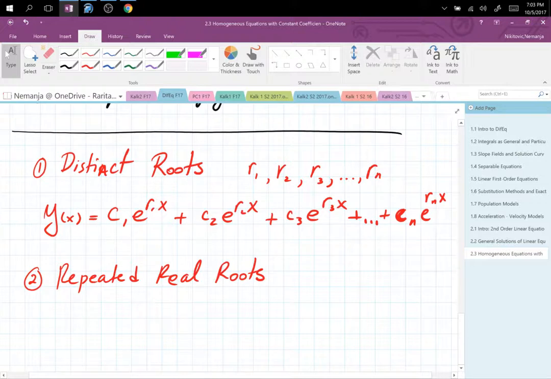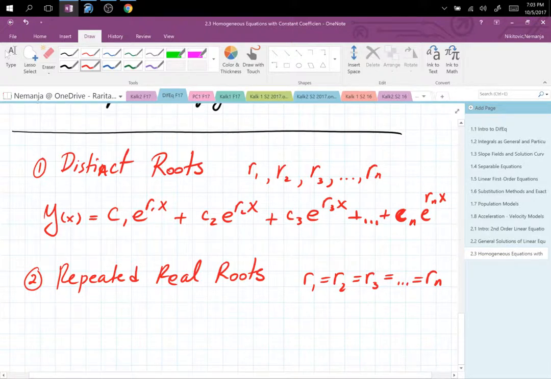So we have to fix them. So we have the repeated real roots, and that means that r1 is the same as r2, is the same as r3, is equal to all of those. Well, I don't need r4, so I'm just going to cut it there. r3 equals rn of these roots.